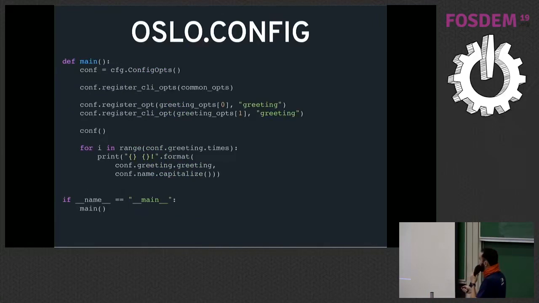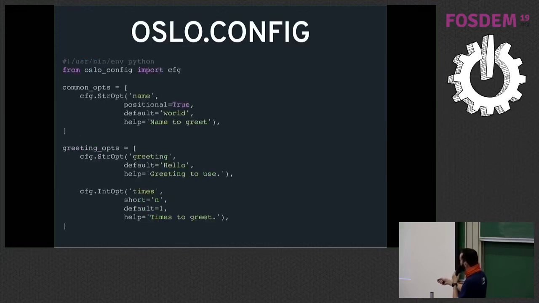In my main function, I create my config object, and here I can also have some kind of control. I'm registering my common opts as CLI options, which is the name to be greeted. Here I'm registering the greeting options, which were the greeting and the times.